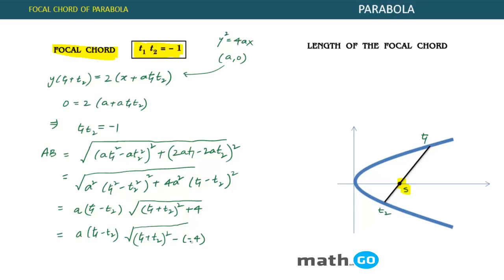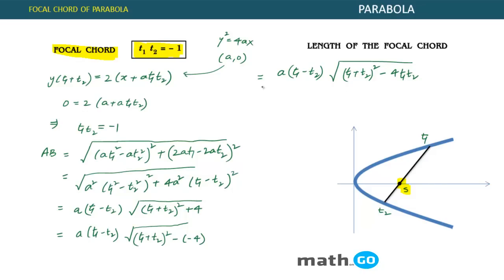But can I replace this -1 by T1 T2? So let's see what this will become. This becomes a(T1 - T2) and under root of (T1 + T2)² - 4 T1 T2. I have just replaced this -1 with T1 T2 because this is a focal chord.